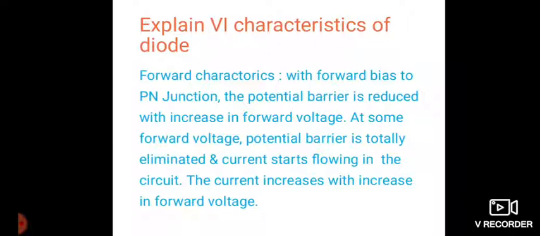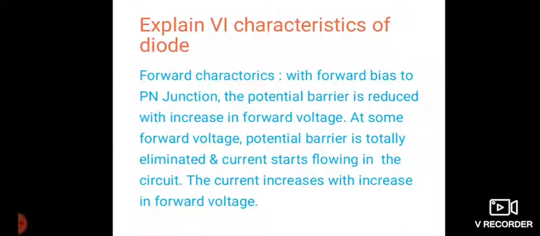So, what is forward bias? What is biasing, simply? Biasing is nothing but connecting a battery to the diode. How do we connect the battery to the diode? There are two types of biasing, one is forward bias and one is reverse bias.